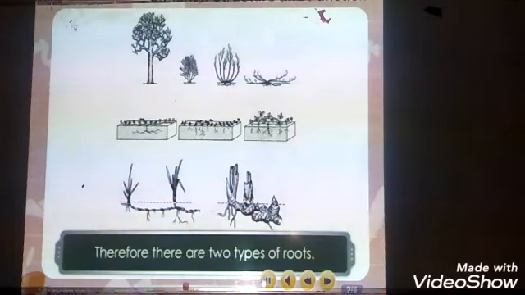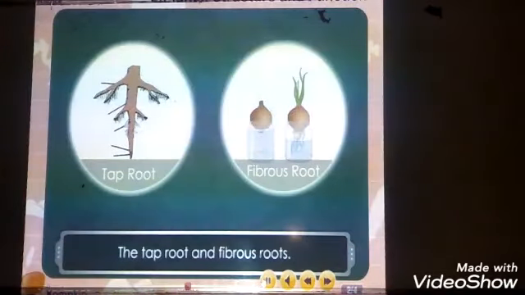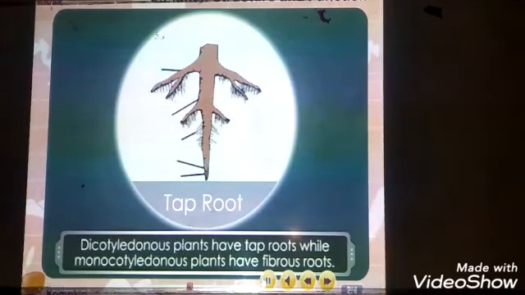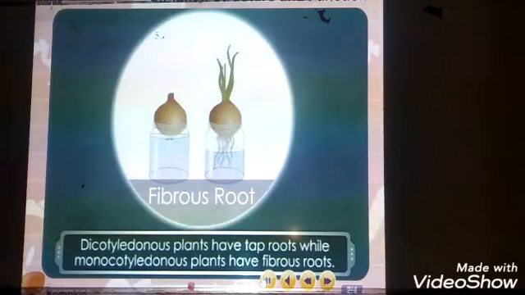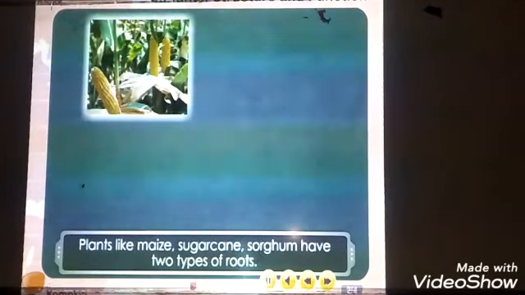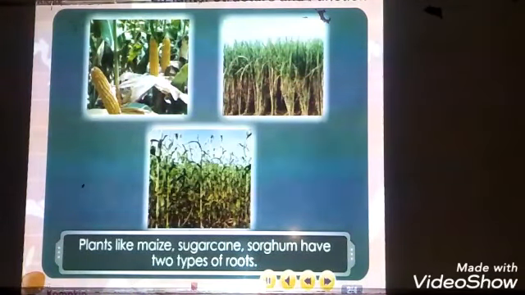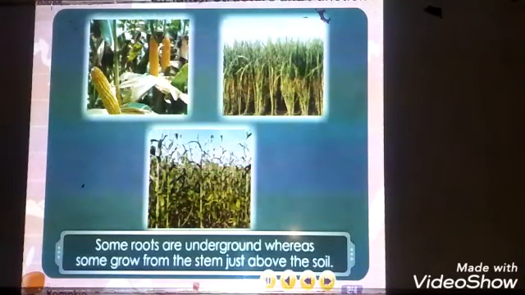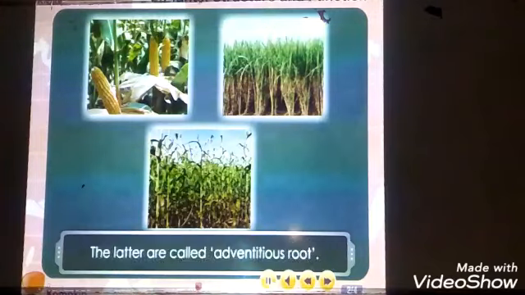Types of roots. There are two types of roots, the taproot and the fibrous root. Dicotyledonous plants have taproots while the monocotyledonous plants have fibrous roots. Plants like maize, sugarcane, sorghum have two types of roots. Some roots are underground whereas some grow from the stem just above the soil.